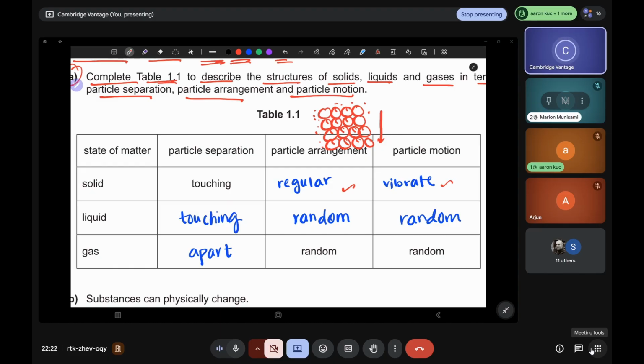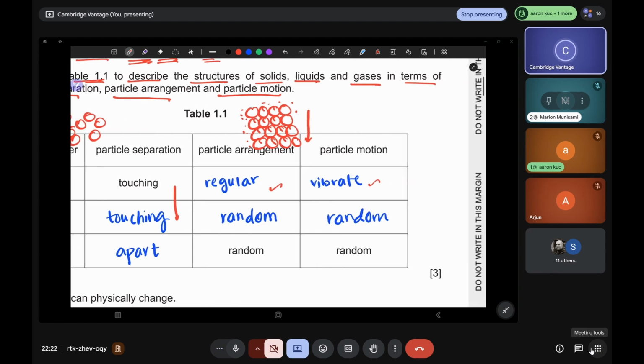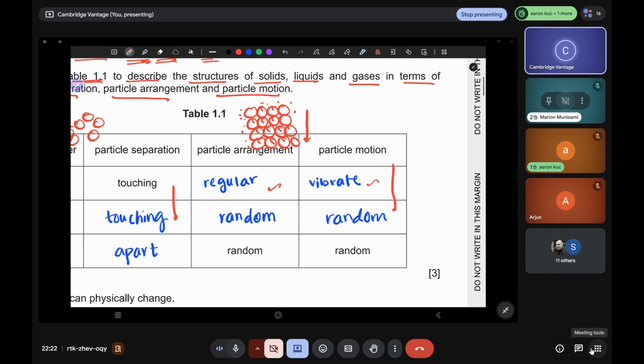And then we talk about liquids. For liquids as well, the particles are a bit further apart, but nonetheless the particles are still within touching distance of each other. It's just that it's slightly further away compared to solids. So even though we can't really see a distinction in the particle separation, when we write about motion, then we will write about the differences.